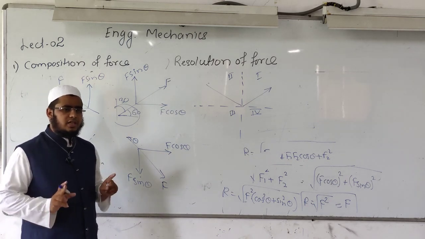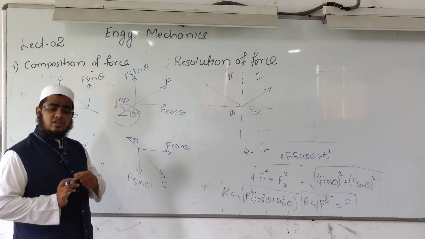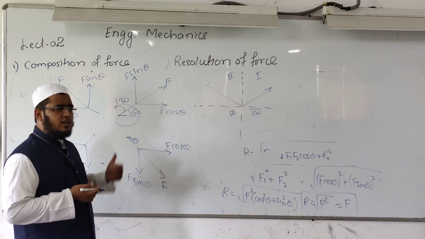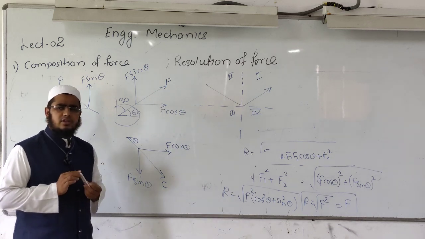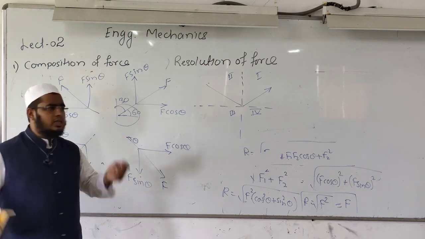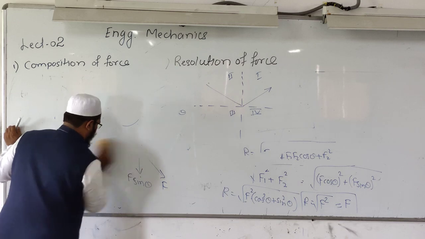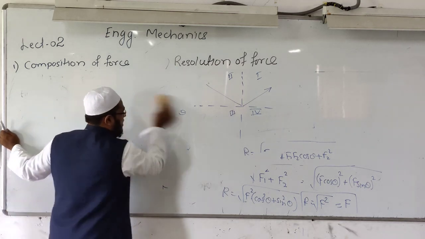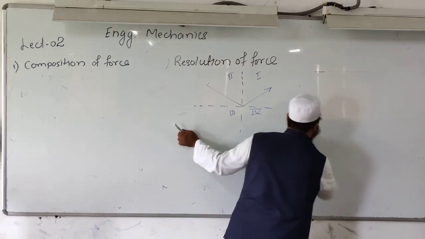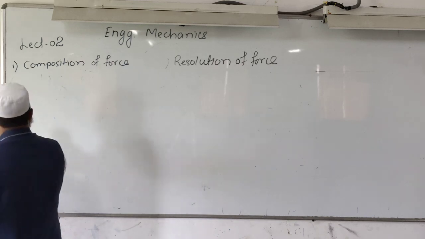The resolution will be done with the help of the inclination with the horizontal reference line or x-axis. The horizontal component will be force cos of angle. The vertical component will be force sin of angle. Now, what is the general method to determine the resultant of a force system? Very easy. We will see step by step.